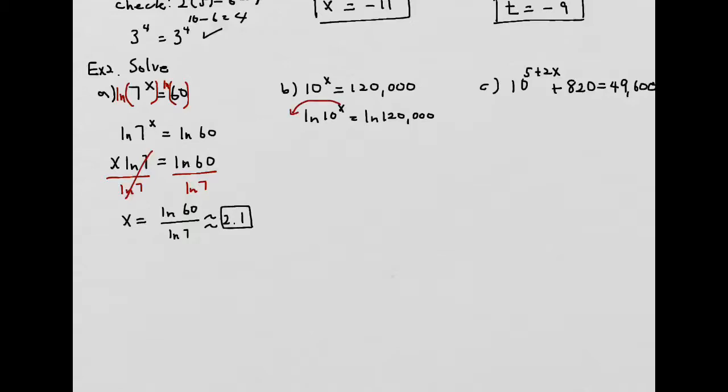So then I get x times ln 10 equals ln 120,000. And then in order to isolate x, you divide both sides by ln 10. Your x will come out to a decimal on your calculator, close to 5.08.